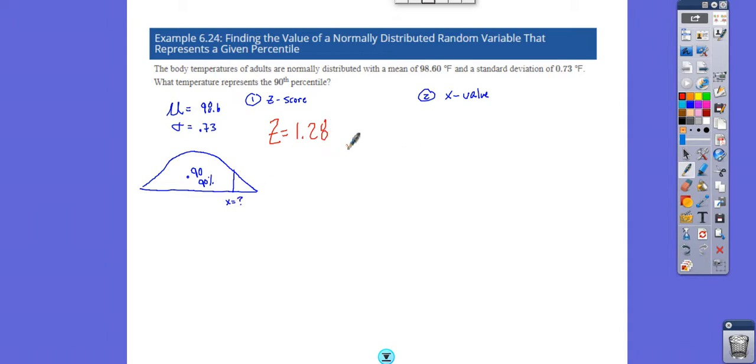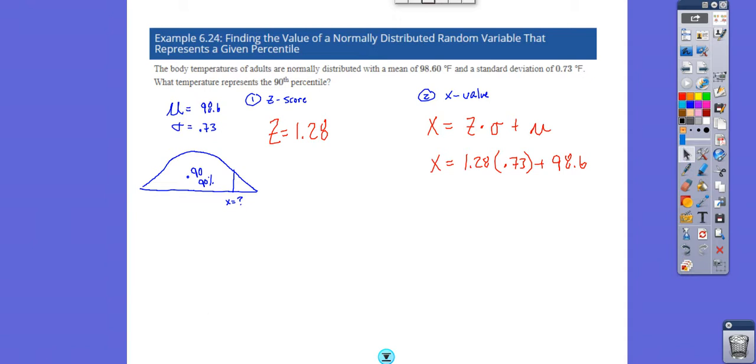We take that, and we're going to utilize that to find our x value now. So instead of using software to find an inverse norm, we're going to look for that x value. So we know our formula is x is equal to our z times our standard deviation plus our mean. So x is equal to 1.28 times our standard deviation of 0.73 plus our mean, which is 98.6.